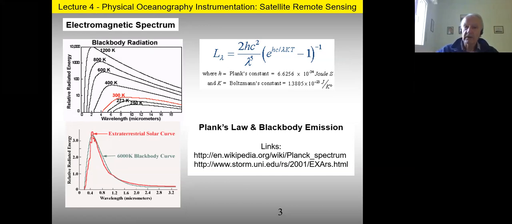Since we know the black body curve, which is this one here, and this is the extraterrestrial solar curve, so this is outside of the atmosphere, on the basis of these two things we can obtain the temperature, using this relationship, and we calculate from the black body radiation. So that's the basic principle on which the sea surface temperature measurements are based.